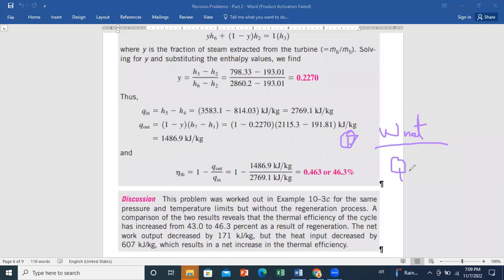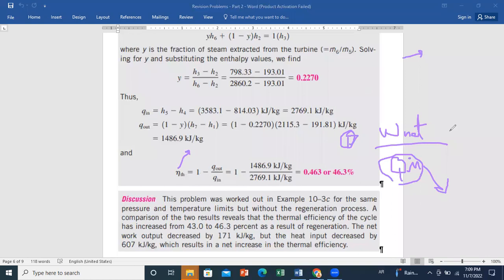So it's of interest to decrease Q dot in in order to increase the efficiency. And we were able to do this because by using our system, we increased the temperature entering the boiler. By increasing this temperature, we need a lower amount of heat to reach the state at the exit of the boiler, which is expected to increase the efficiency.